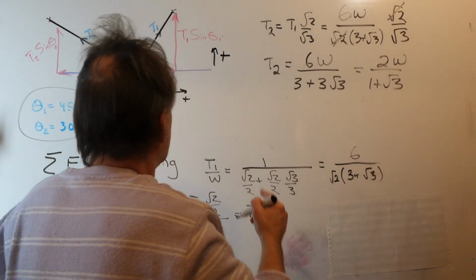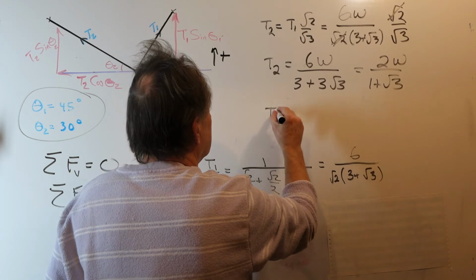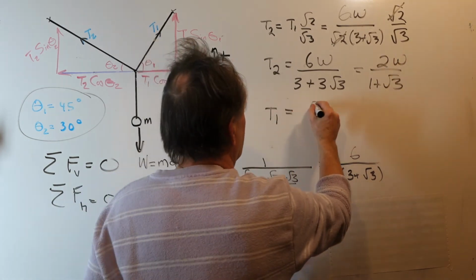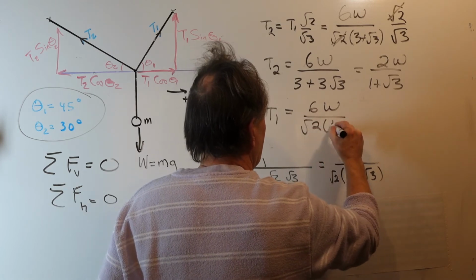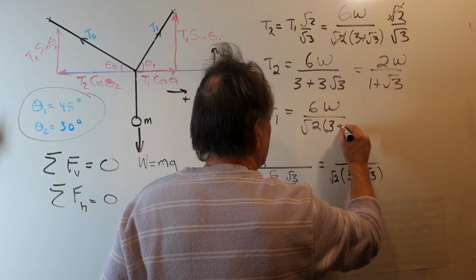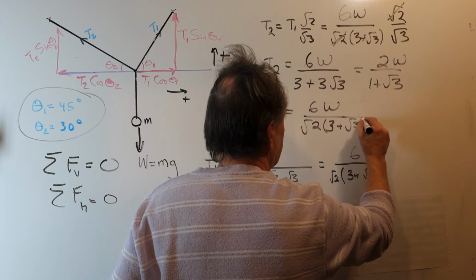So, our two tensions then, T2 is that, and then T1 will be 6W over the square root of 2 times 3 plus the square root of 3.